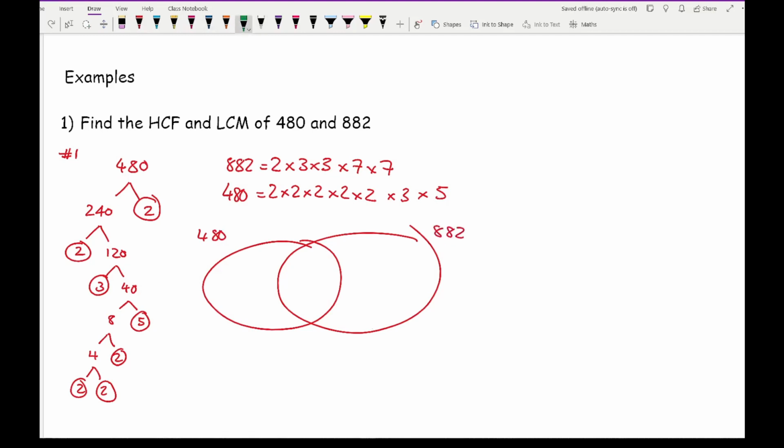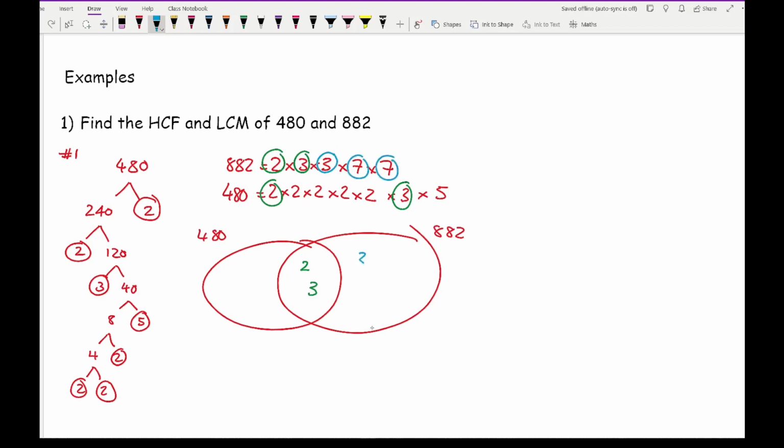So for this, what I'm going to do is circle the numbers that appear in both lists. I've got a 2 in both lists, I've got a 3 in both lists, and that's it. So I'm going to write 2 and 3 in the middle. Now going back to the 882, the numbers that are exclusive are 3, 7 and 7.